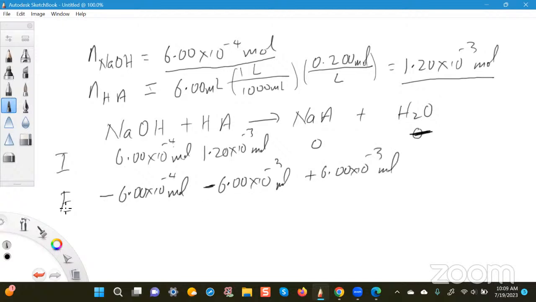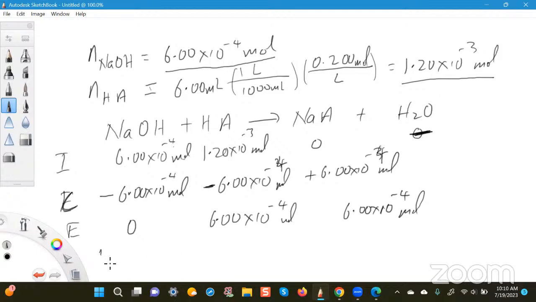So this is a change, actually. At the end of the reaction, you're going to have 0 here. This will give you 6.00 times 10 to the, oh, this should be minus 4 here. So this is going to be 6.00 times 10 to the minus 4 moles, and this is going to be 6.00 times 10 to the minus 4 moles. If I recall, this is similar to the result that we got the last time.